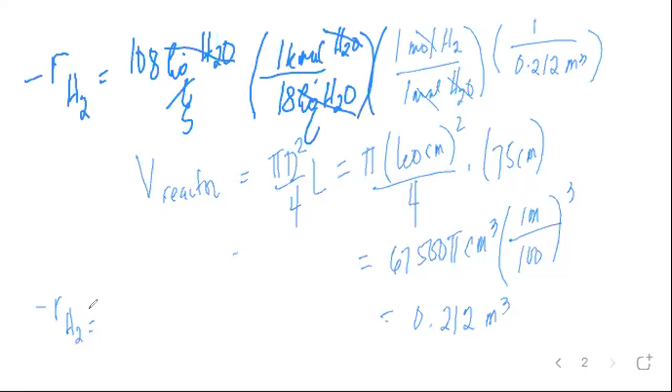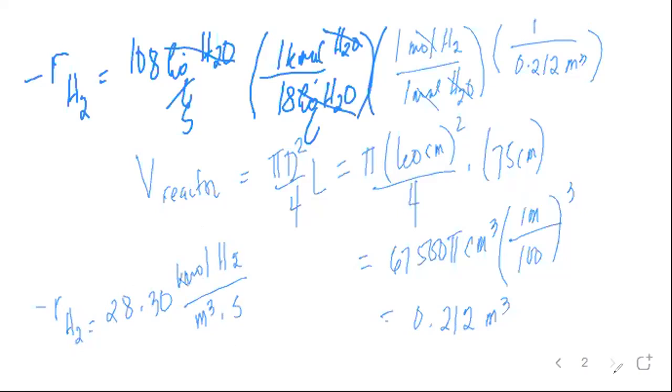So you have 108, you divide it by 18, and you divide that by 0.212. That should give you 28.30. So this would be kilomole H2 per cubic meter reaction mixture, or reactor, per second.